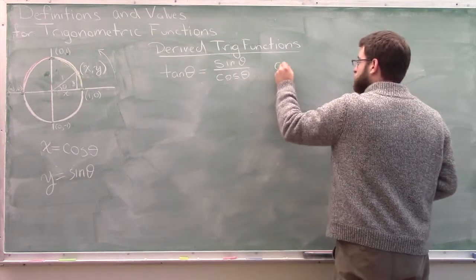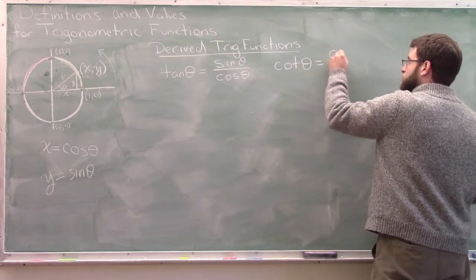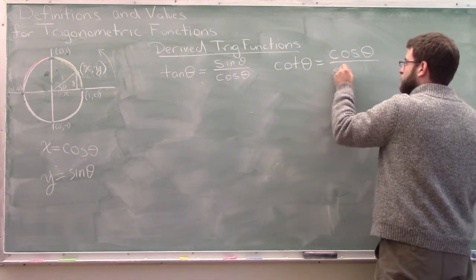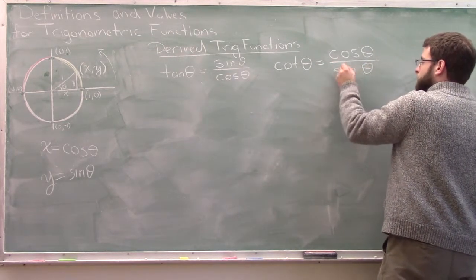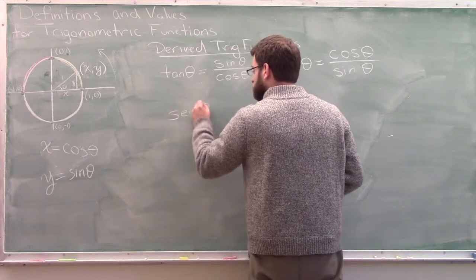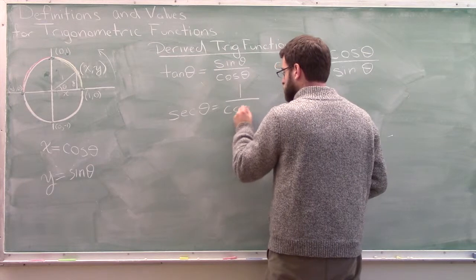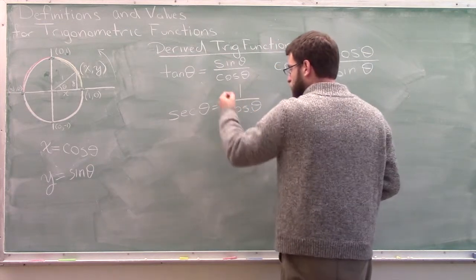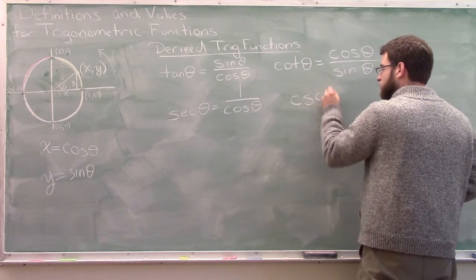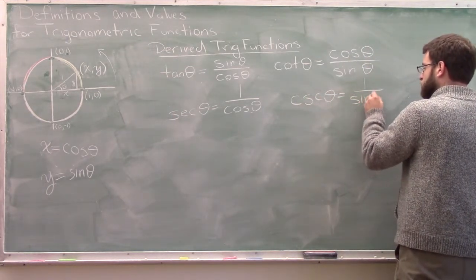We have the cotangent function, which is the reciprocal of that. That's the cosine divided by the sine. We have the secant function, which is 1 over the cosine, the reciprocal of cosine, or the multiplicative inverse of cosine. And we have cosecant, which is 1 over sine.